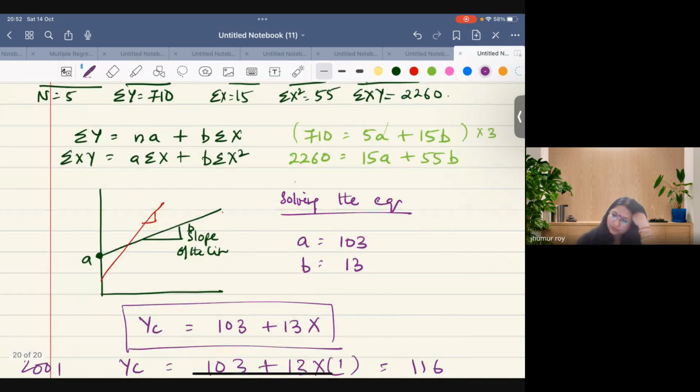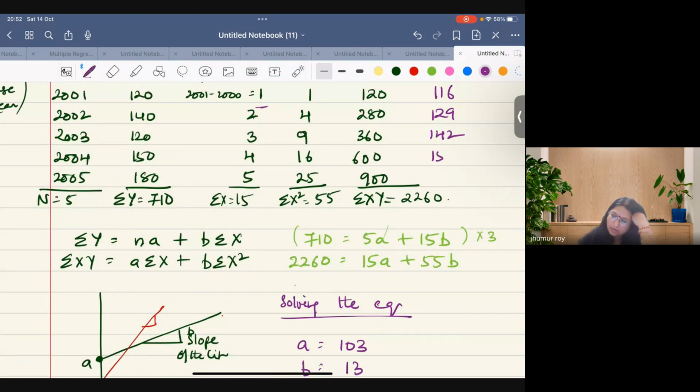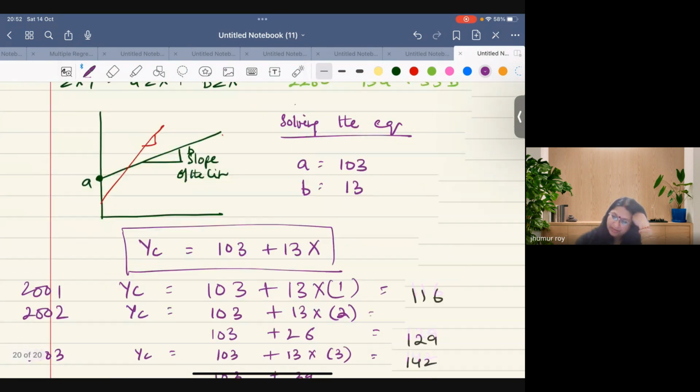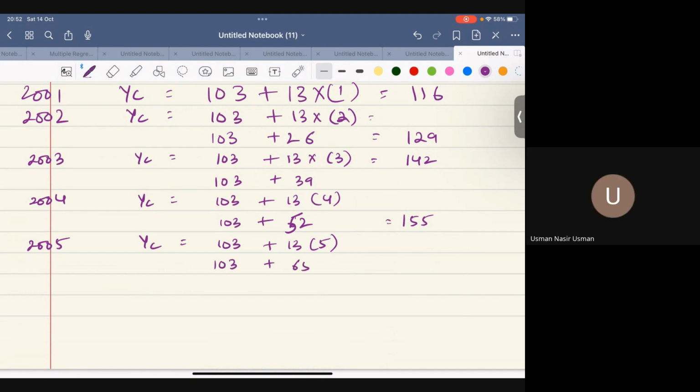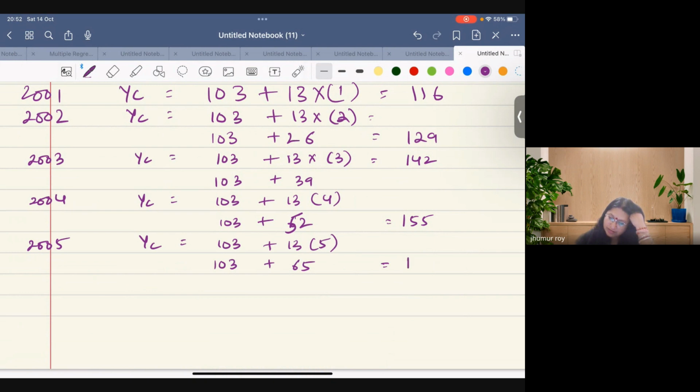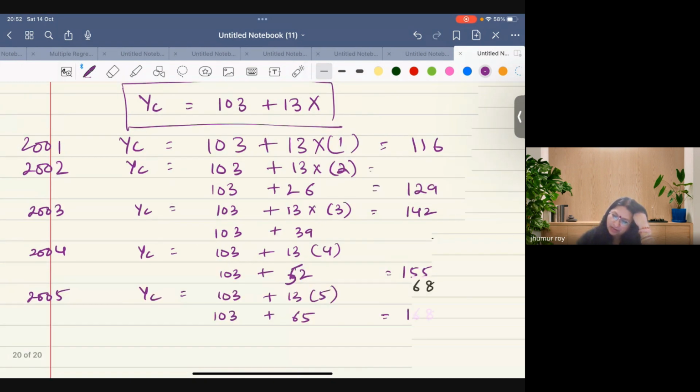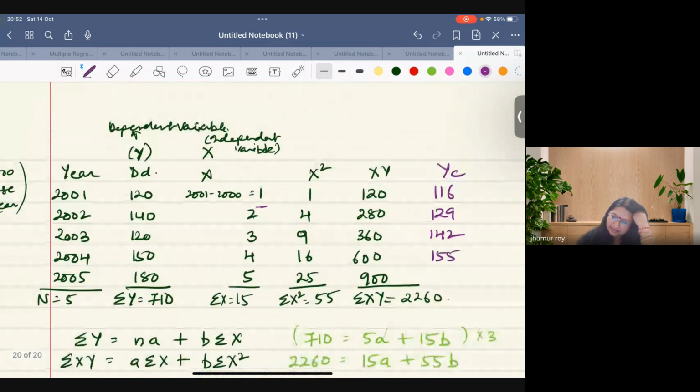So the next value here that we are getting is 155. And the last value will be 2005. YC is equal to 103 plus 13 into 5. So it will be 103 plus 65. So this will be 168. Okay. So you get 168.